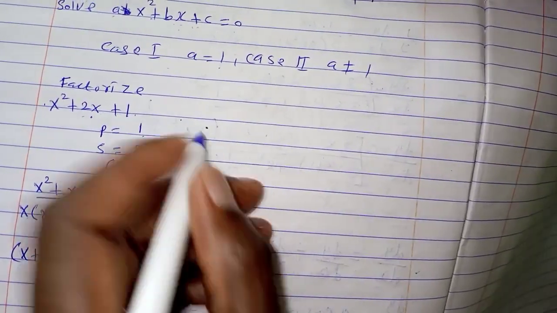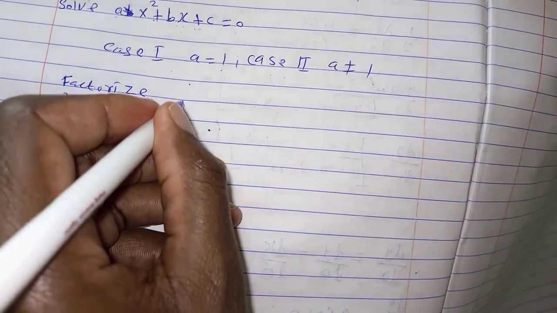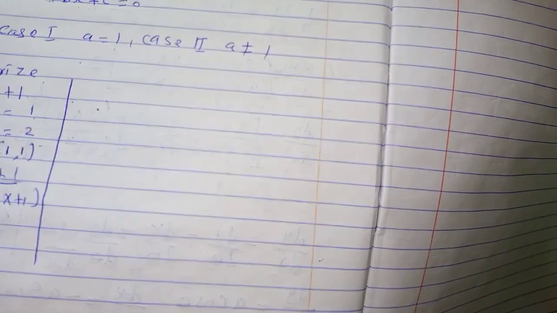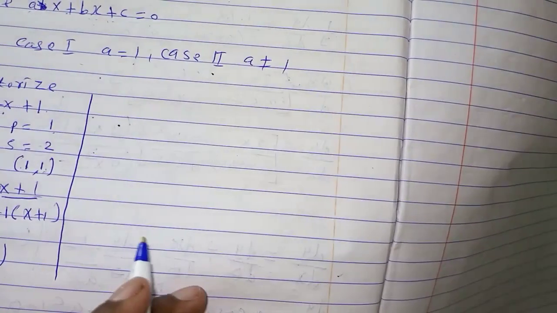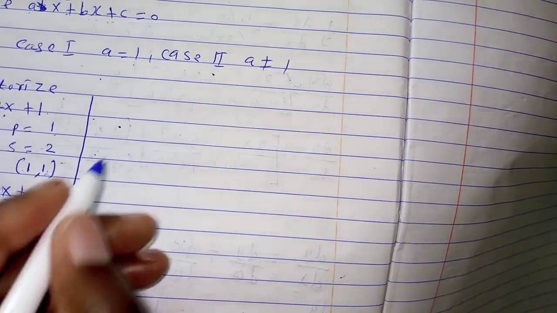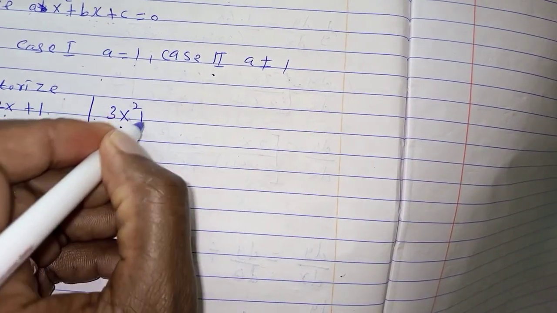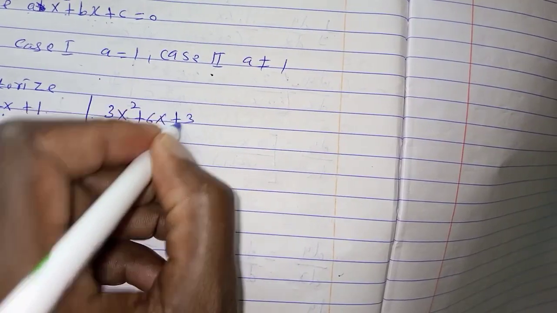Part 2. We are going to have case 2, whereby a is not equal to 1. For example, let us have 3x squared plus 6x plus 3.